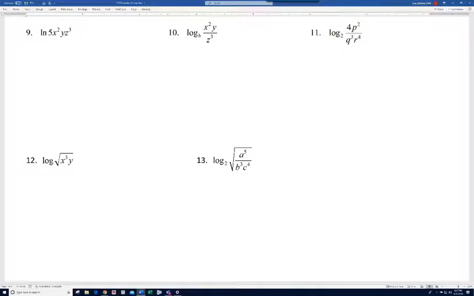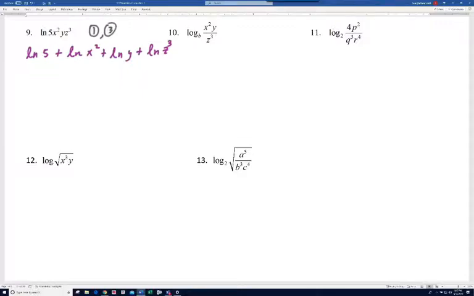And so I can actually use the product rule, which is rule 1, but I'm basically using it more than once here. I'm breaking this into 4 products: the natural log of 5 plus the natural log of x squared plus the natural log of y plus the natural log of z cubed. And now you can see those exponents, natural log of x squared, natural log of z cubed.